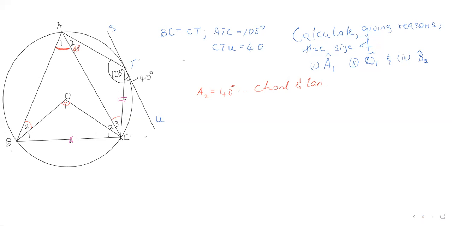TC subtends 40 here, and AB will subtend this. This must also be 40, subtended by BC. Therefore, angle A1 is equal to 40, subtended by BC.